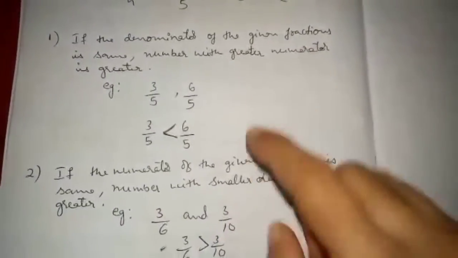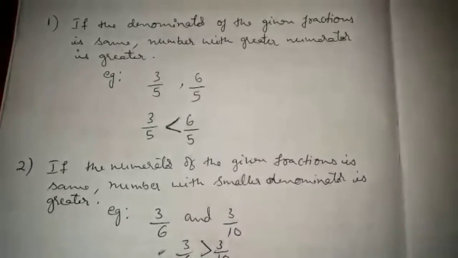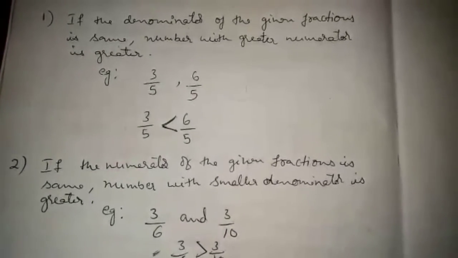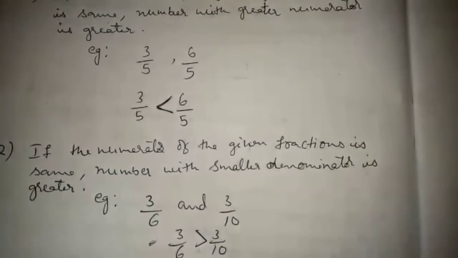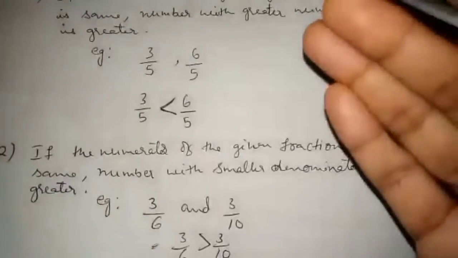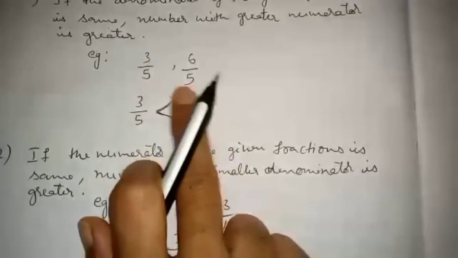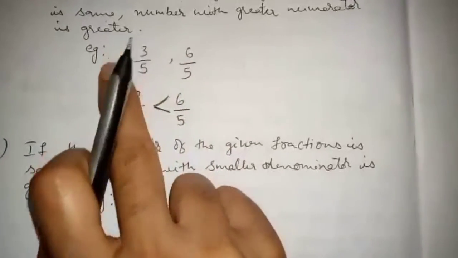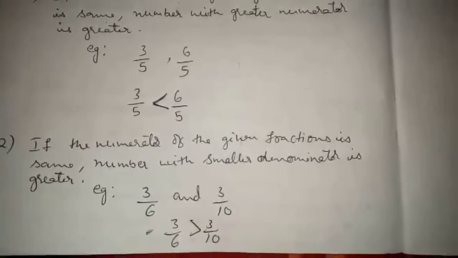From these two rules, what will you understand? Whenever you are given two fractions to find out which is greater, at that time you have to check which is same. If the denominator in the fractions is same, you have to look at the numerator, which is greater, that only becomes the greater.